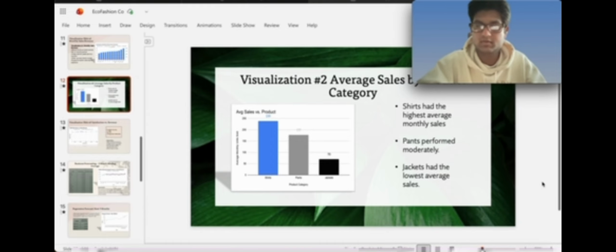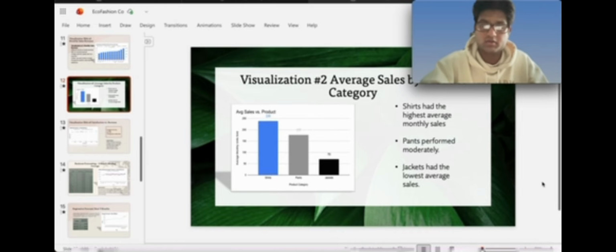Next, we have slide 12 with a second visualization showing product category performance. So this visualization compares performance across different product categories over time, with a focus on shirts and jackets.